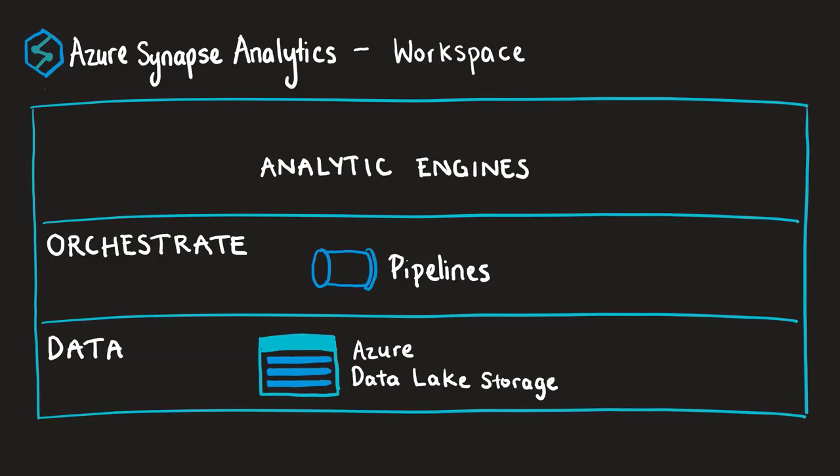Today we won't have time for that, but just know that there are things behind there to learn if you're really into data movement and how to time everything and so on. Then we get to the top layer, which is the analytic engines.